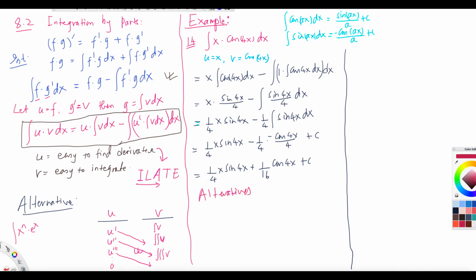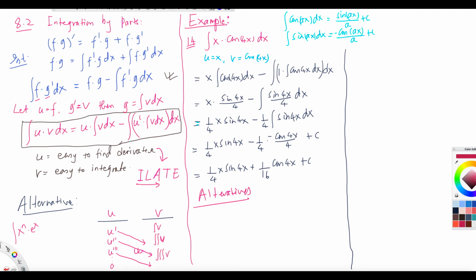But sometimes, if one of the functions is a trig function, and when you continue to find the derivative the exponent of x decreases to 0, like x cubed or x to the 4, it will terminate and go to 0. In that case, this method will be easier.